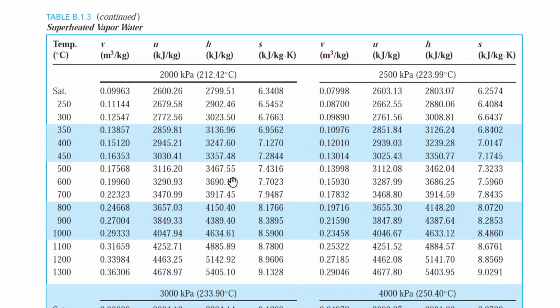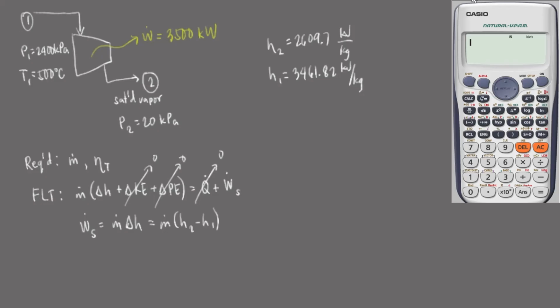So we are interpolating between 3467.55 and 3462.04. Upon interpolating, the value of H1 is equal to 3,461.82. Now that we have the values of H2 and H1, we can go back and solve for the mass flow rate. The mass flow rate is simply equal to the rate of shaft work transfer divided by H2 minus H1.